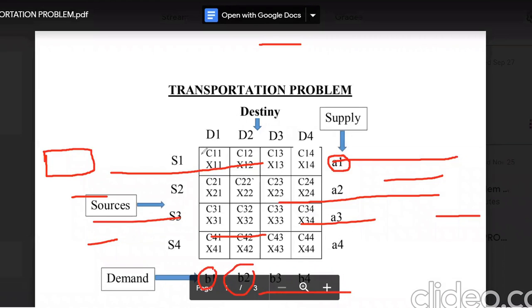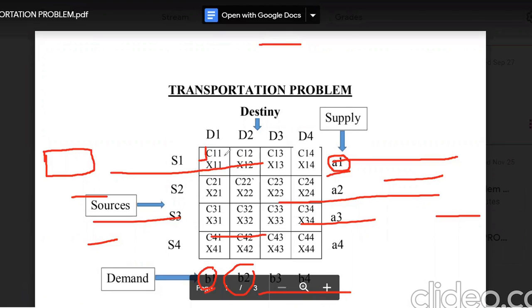So here you need to allocate the minimum of A1 and B1.